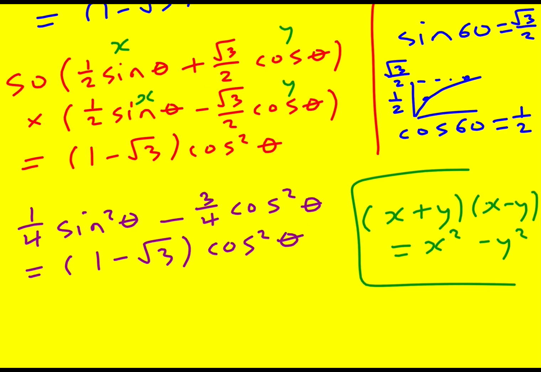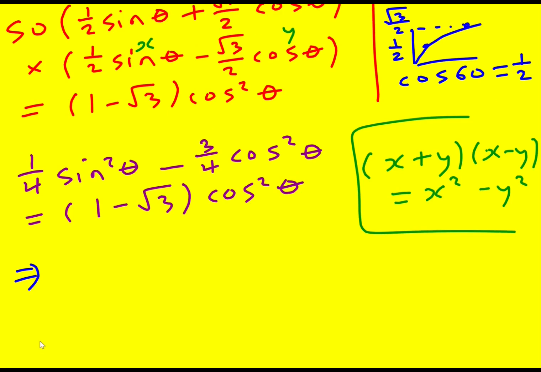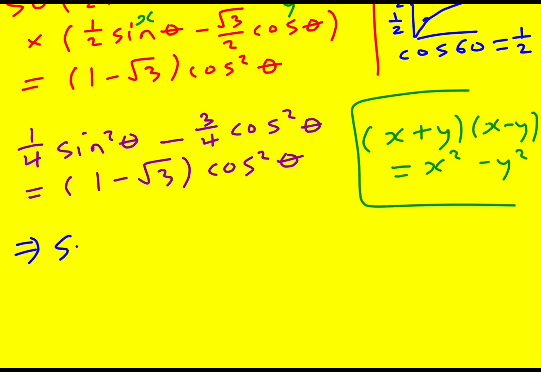This looks a little bit awkward at the moment. The first thing I can do is get rid of the fraction, a quarter. I'm actually going to multiply through by this 4, so it's going to become 4 minus 4 root 3.